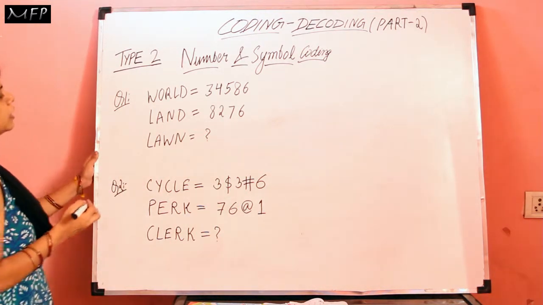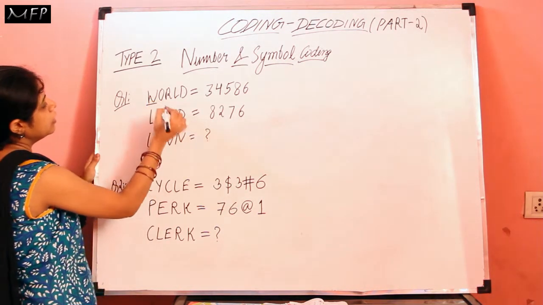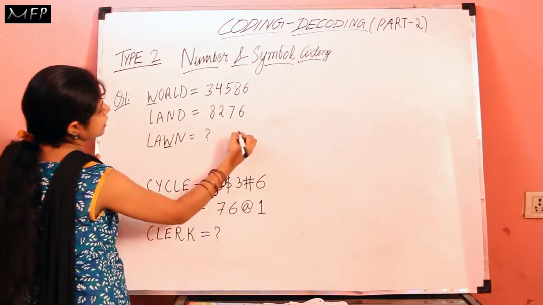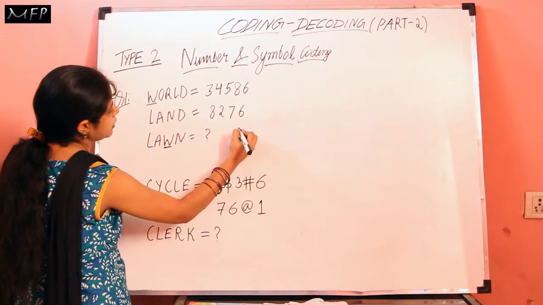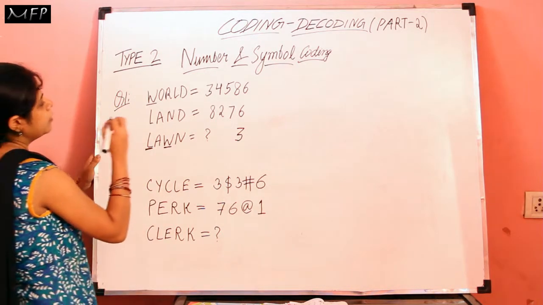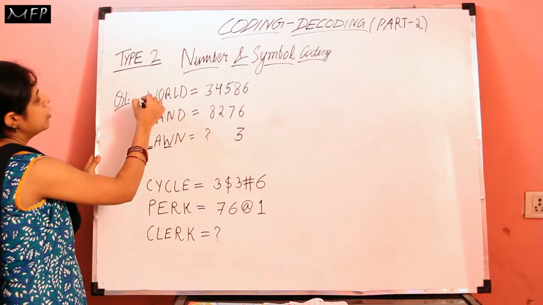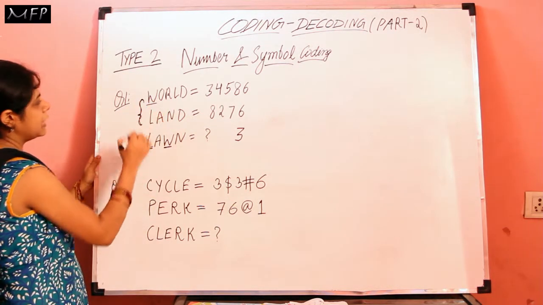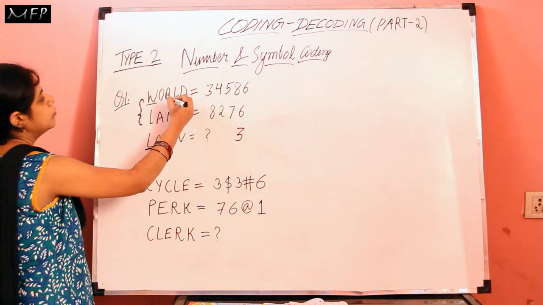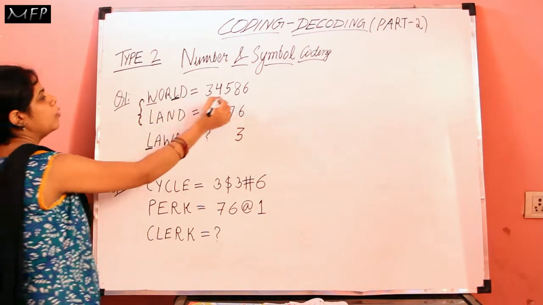So first of all, here we see the code for W. It is 3, so here we will write 3 at the place of W. Now what is the code for L? First of all, we will see whether in these two given codes the alphabets have the same code.